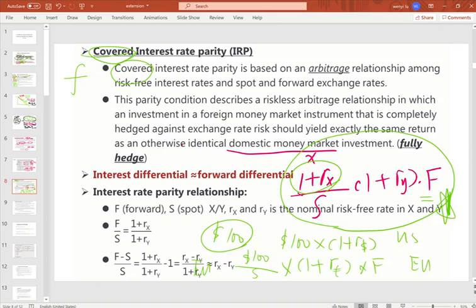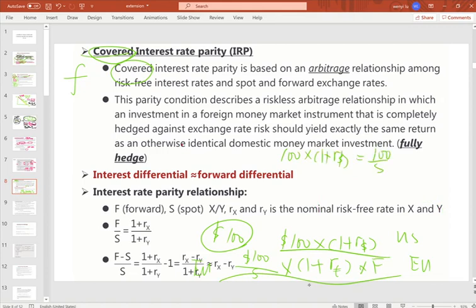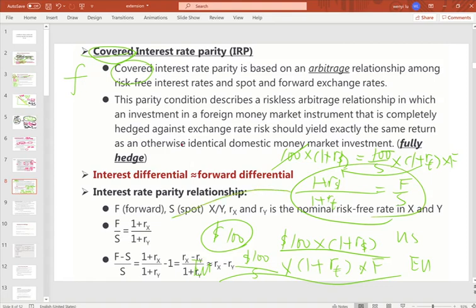If there are no arbitrage opportunities, these two should always hold, like we just showed. So you can equate these two terms. We have 100 times 1 plus R dollar equal to 100 over S times 1 plus R euro times the forward rate. The 100 will be cancelled out, so 1 plus R dollar equals 1 plus R euro times F over S. When the no-arbitrage condition holds, we get these formulas.